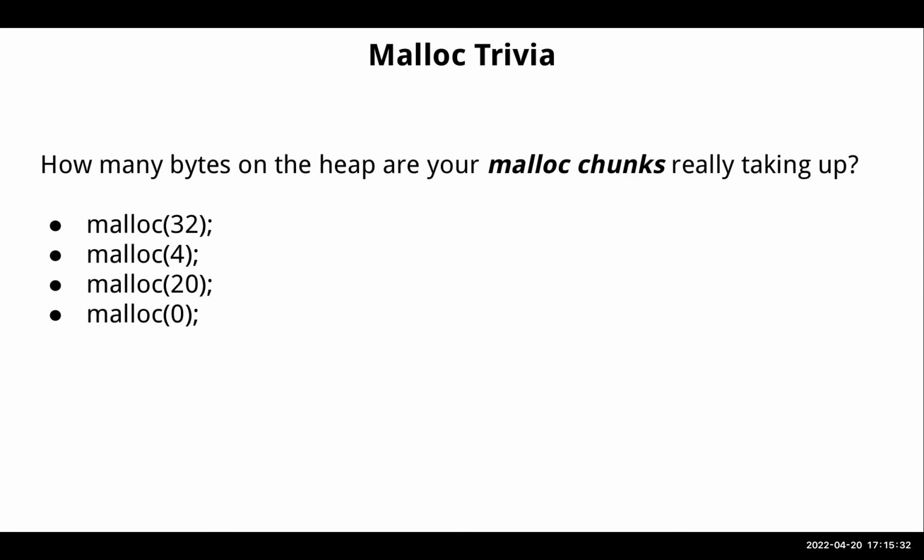Or is there some other information there? malloc(4), malloc(20), what about malloc(0)? Will that work? Okay, most people never tried that, right? Most people never tried a malloc(0). So obviously, the buffer size returned by the memory allocator has to be at least the same size as you ask for. If it's smaller than what you ask for, there is no reason for them to give it to you.